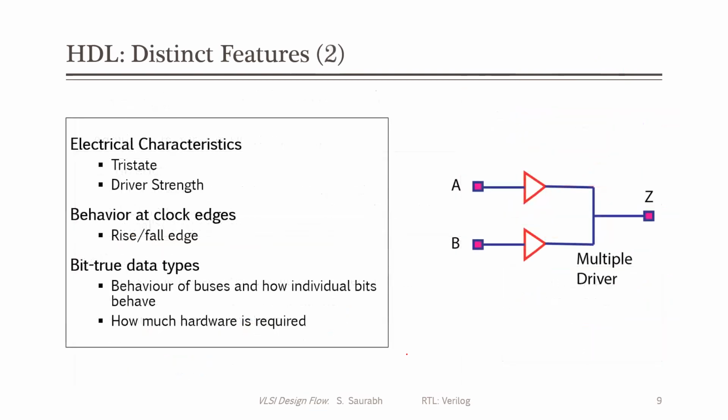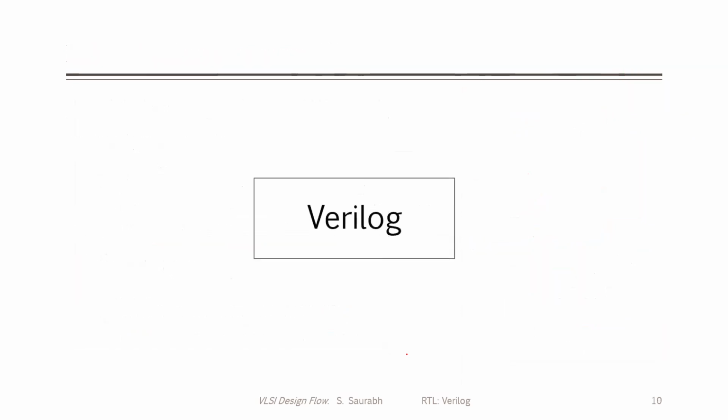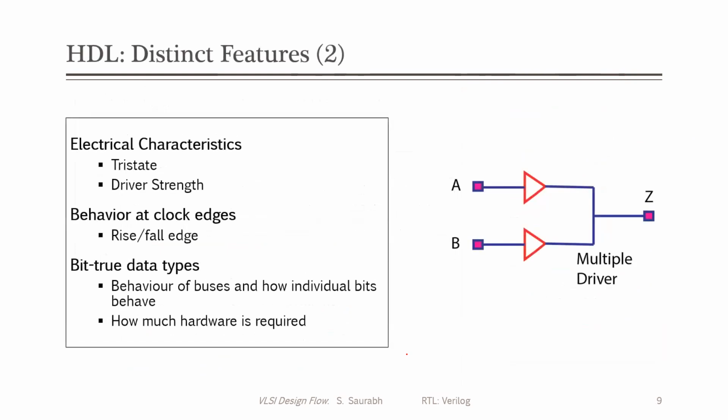Then there are some more characteristics or distinct features for HDL. For example, you can have something like the strength of the signal, right? For example, you can have multiple drivers, and depending on the strength of these drivers, the value of Z will be taken.